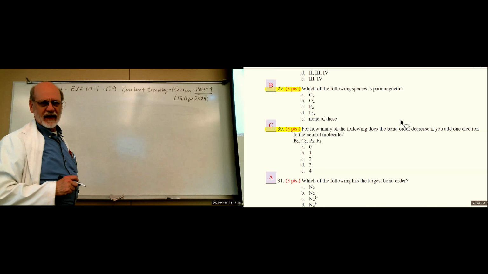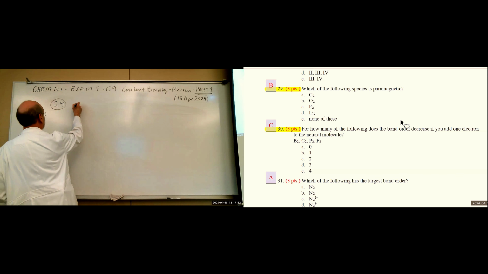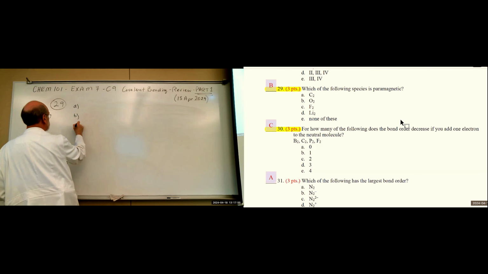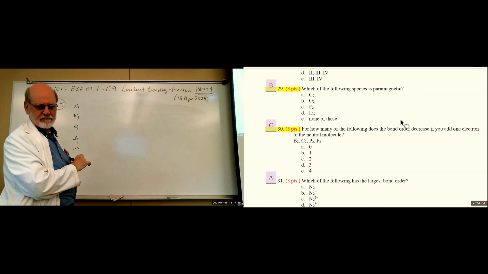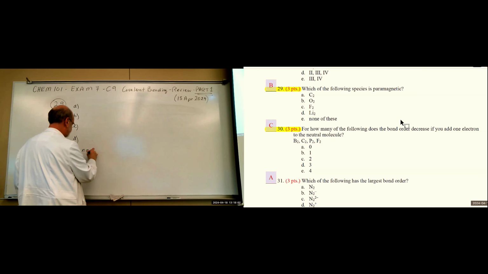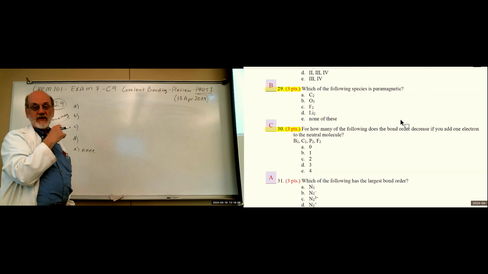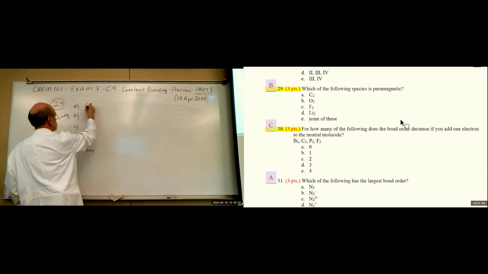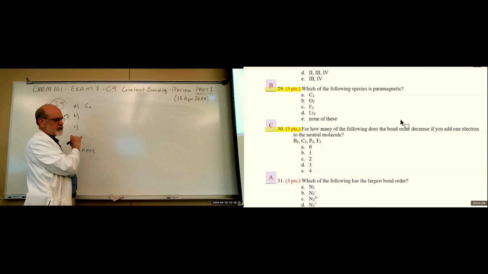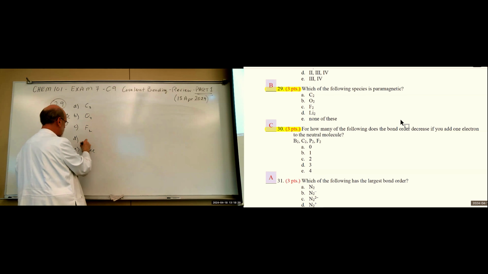29. Which of the following species is paramagnetic? All right. A, B, C, D, and E, right? We're looking for paramagnetic. Paramagnetic means unpaired electrons. So we have C2, O2F2, and Li2.